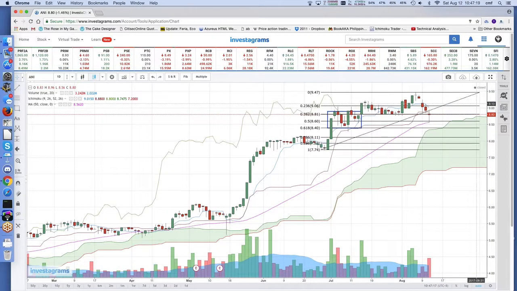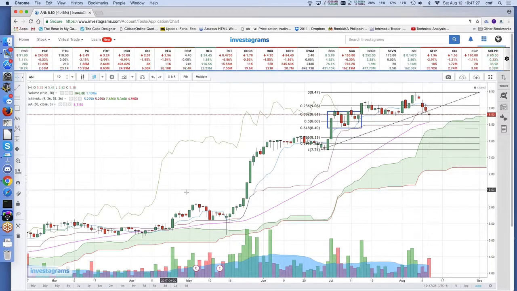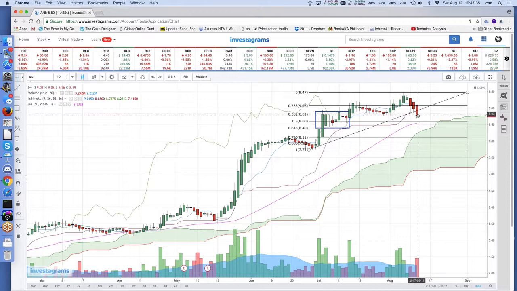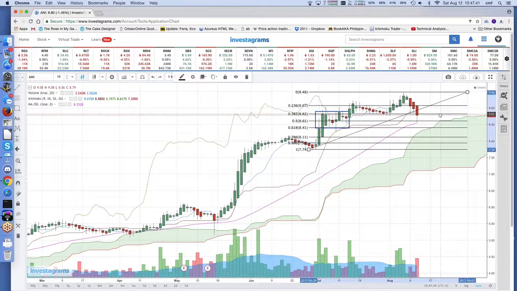Well, you can use the Heikin Ashi, but for this purpose, we see if price is able to hold above. It still was not able to hold above 881. But nonetheless, it's an area. So as long as price keeps closing above or near 881, this still has a chance of moving upward.